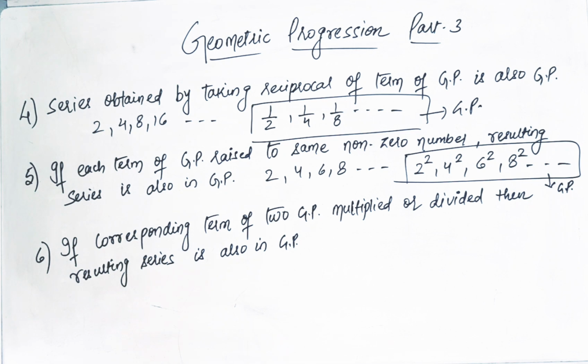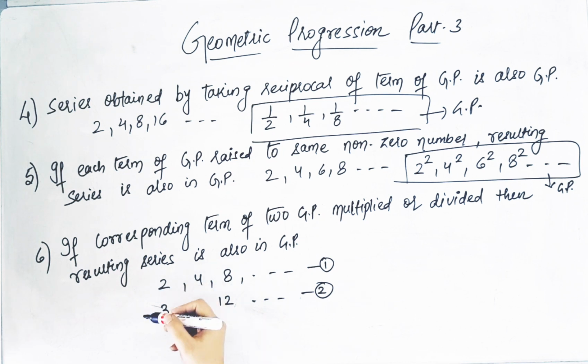Sixth property says if corresponding terms of 2 GPs are multiplied or divided, then the resulting series is also in GP. Let's suppose I have been provided with 2 GPs, 2, 4, 8 and so on. Second GP is 3, 6, 12 and so on. These are the 2 GPs. Now when I multiply corresponding terms of these 2 GPs, corresponding terms means the first term will be multiplied with the first term of the next GP.